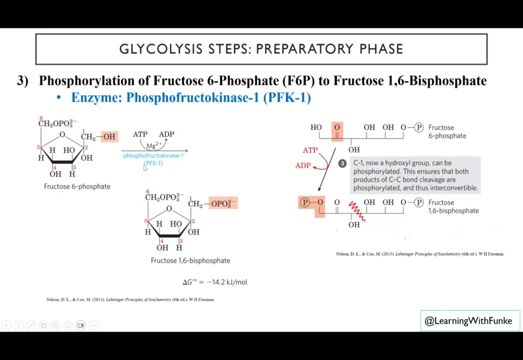However, PFK1 catalyzes that reaction with ATP in the presence of magnesium, and now we get an additional phosphate group on carbon number 1, right? So now we have phosphate going from the 6th position to the 1st and the 6th position. Sorry. Okay, and then that takes us to the 4th step of the preparatory phase.